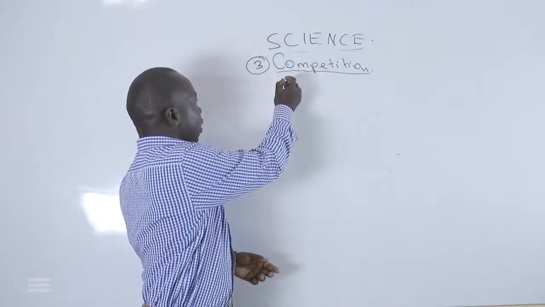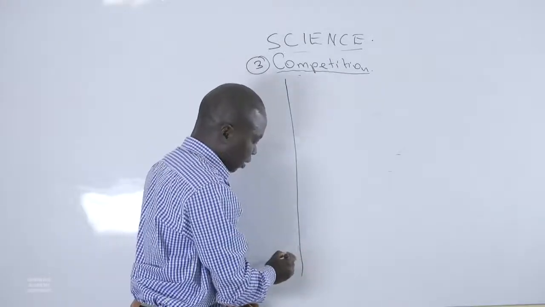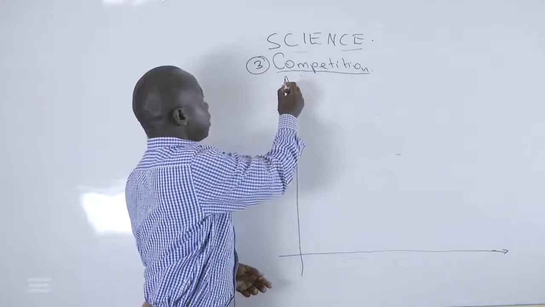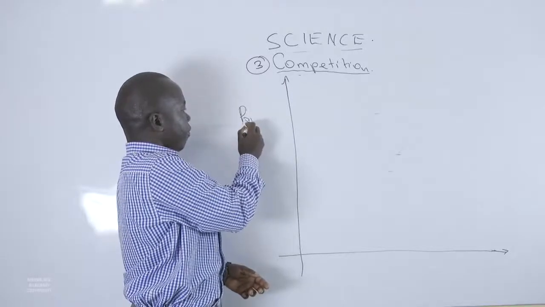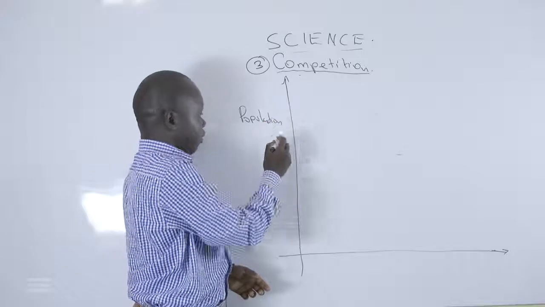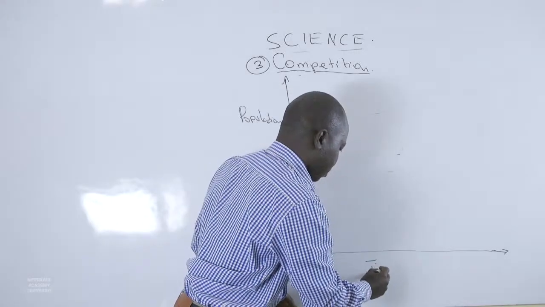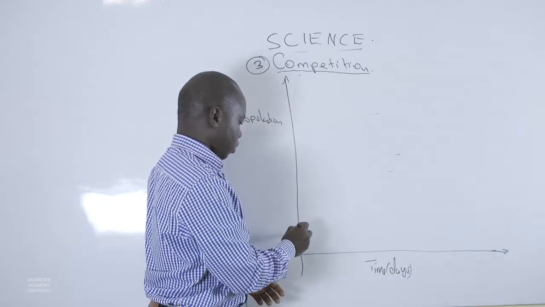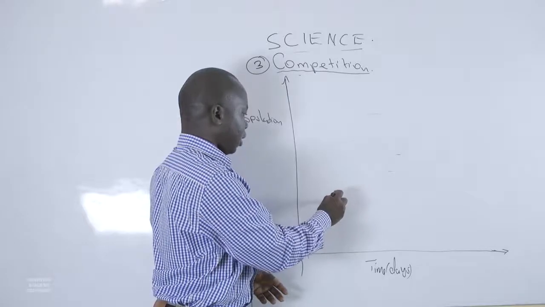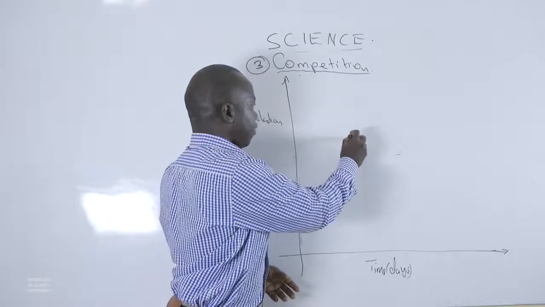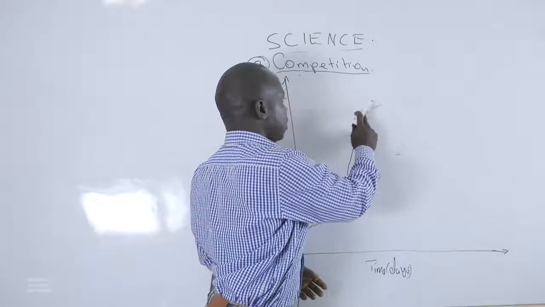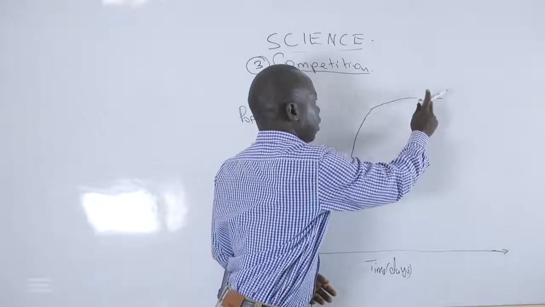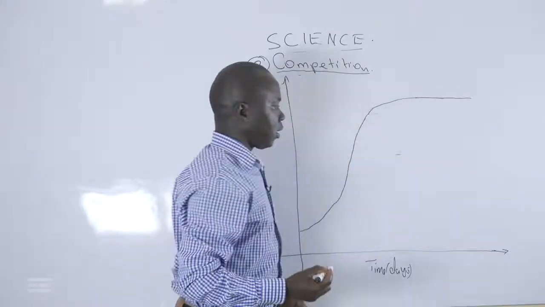So I'm saying if the two are placed in different media and you tabulate the results of population versus time in days, the two will grow normally just like any other organism, having a lag phase, a log phase, and then going to a plateau phase, like that.